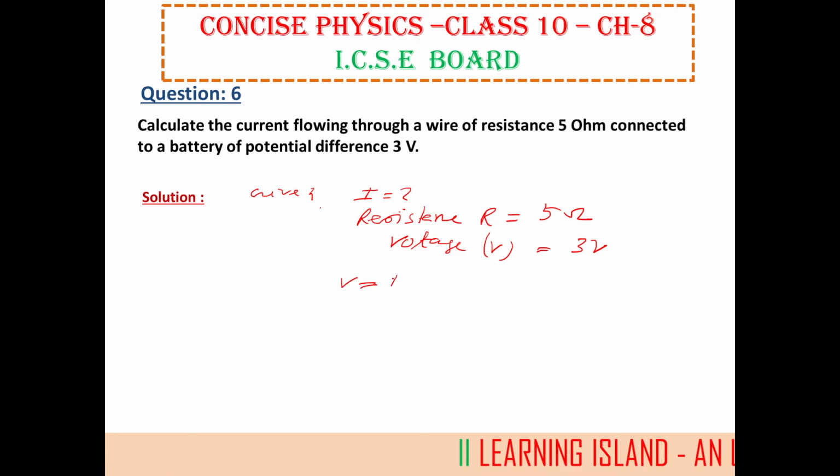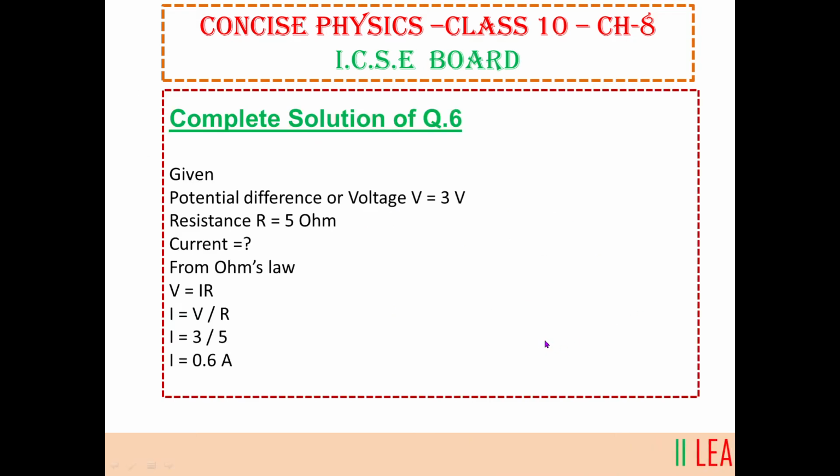V equal to IR. So I will be equal to V by R. So V is 3 volt and R is 5 ohm. So it will come 0.6 ampere. So this is the answer. Very simple. So go to the final solution.